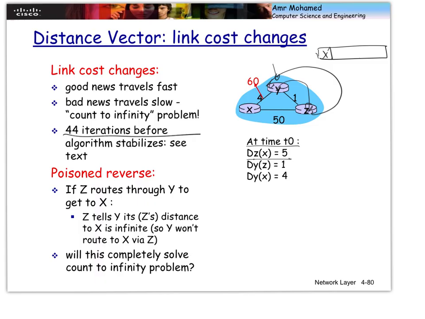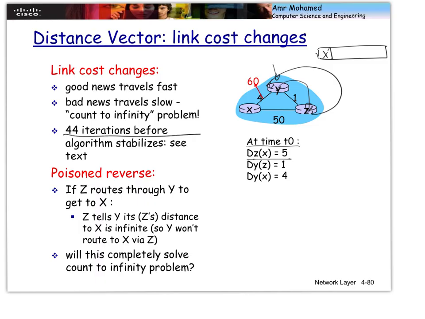And this will continue for how long? Now we said 44 iterations at least. So each iteration happens every 30 seconds. So this will take minutes until we stabilize. During these tens of minutes, we have not reached convergence.